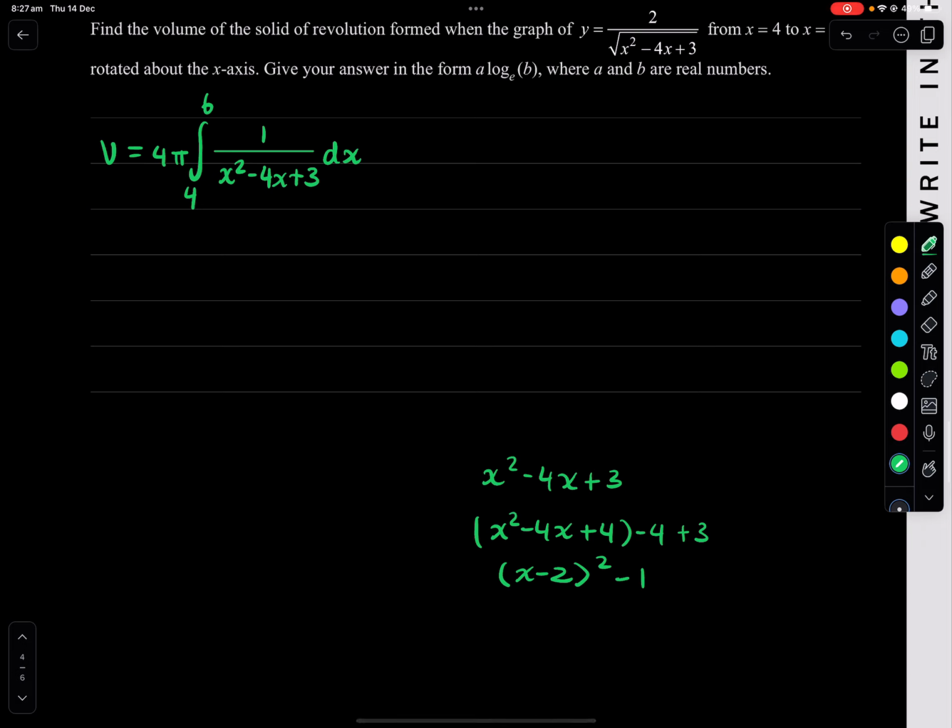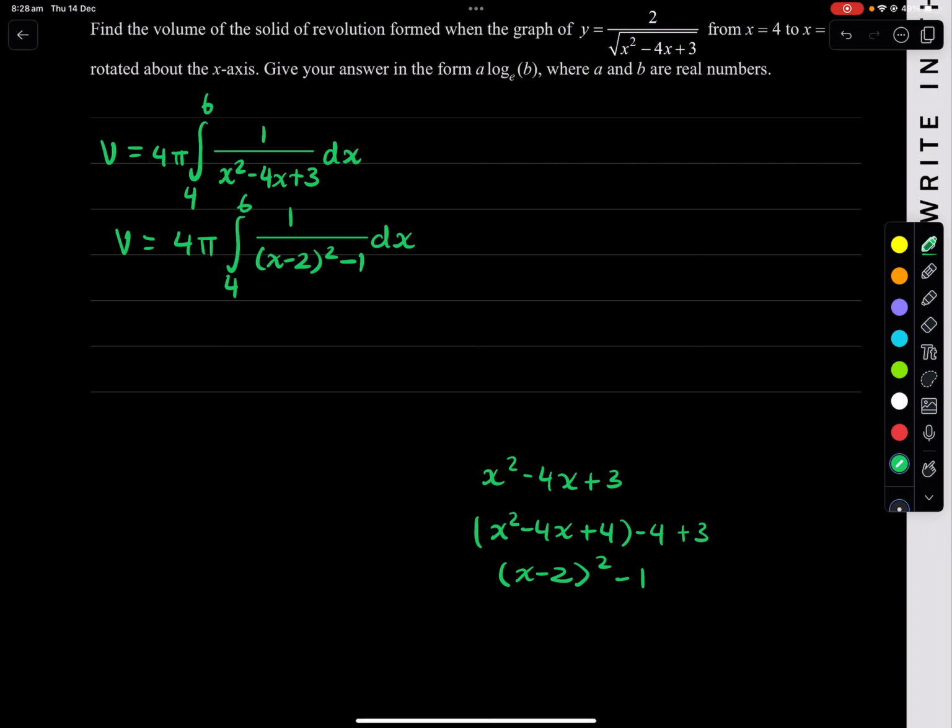So 4 pi is hence going to be the integral from 4 to 6 of 1 over x minus 2 squared minus 1 dx.